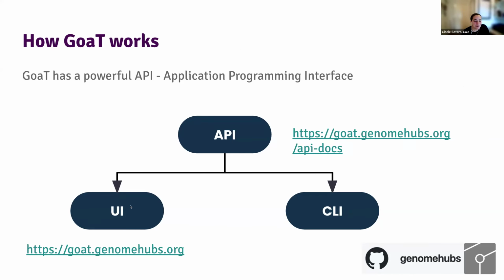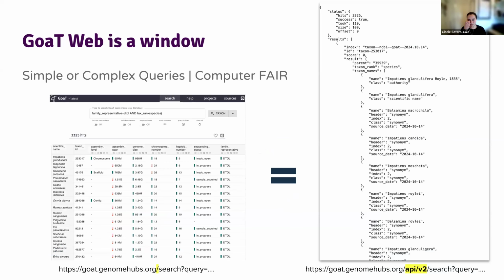So yeah, the UI is a window to the features and capabilities of the API. And this is key to understand why GOAT displays on the web UI things the way that it does. It is a window, and it allows complex and simple queries like: just give me all of the bat species, and then a bunch of columns.